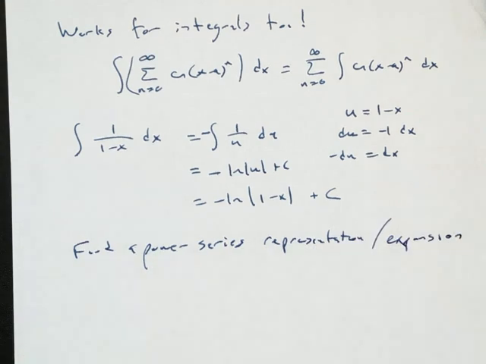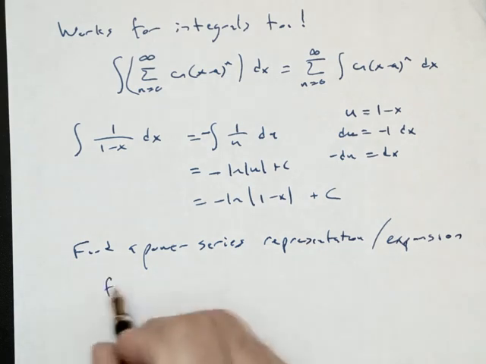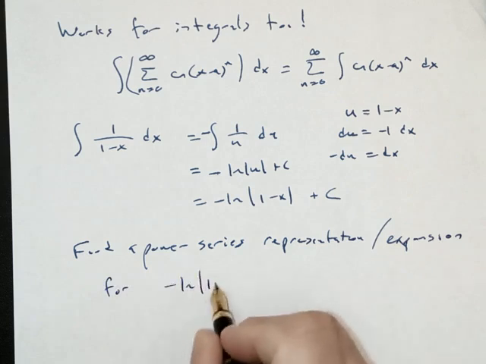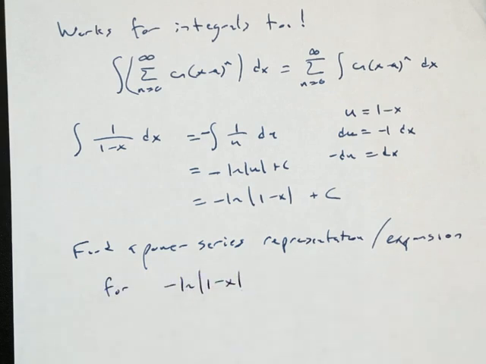You'll often see this called a power series expansion rather than just a power series representation. Those two terms are equivalent here. I want to know what power series gives me that function. And my reaction is I haven't the foggiest idea.